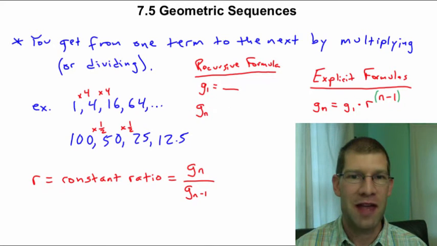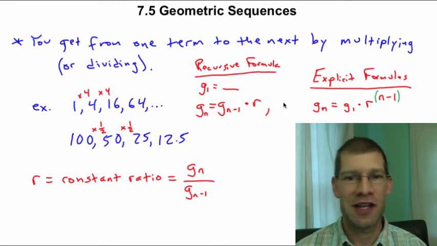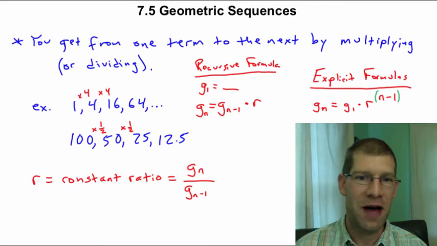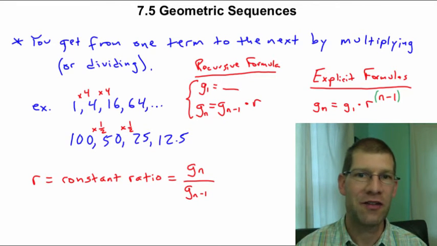And then g sub n, the nth term, is the one before it, so g sub n minus 1, and now not a subscript anymore, times r. And if you're really doing it right, you'd put in a comma and then say for n is greater than or equal to 2. So for this bottom line, it only works to find the second term, the third term, the fourth term, and so on.